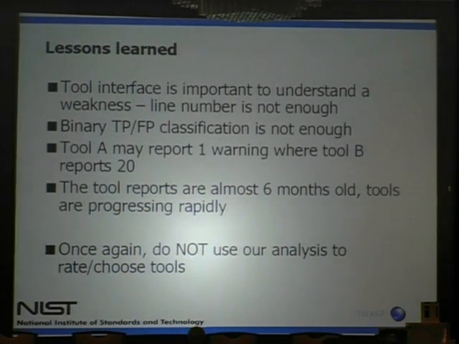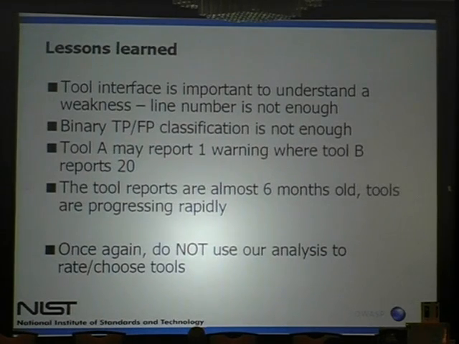Now, lessons learned. We got the XML reports from the tool makers. But in looking at this, we realized that the tool interface is important to understand the weakness, at least for a more sophisticated analysis. Just the line numbers and weakness names are not enough information.